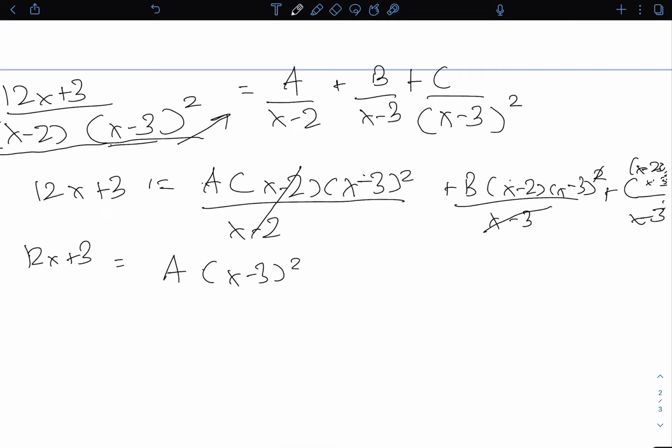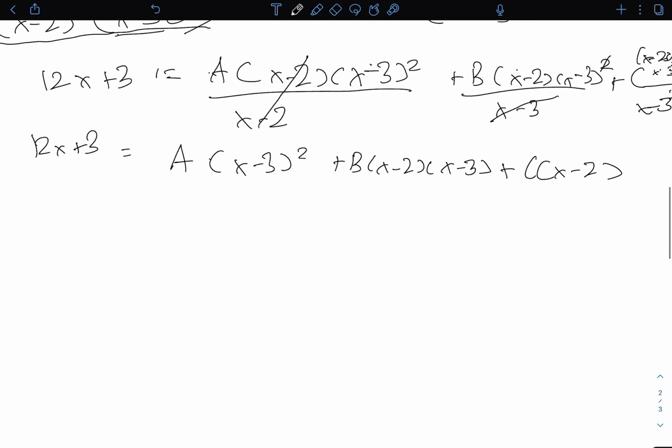a times x minus 3 squared plus b times x minus 2 times x minus 3 plus c times x minus 2. Same procedure as we did before: you take each of these brackets and equate them to 0. So x minus 3 equal to 0, x is equal to 3. That's our first value of x.